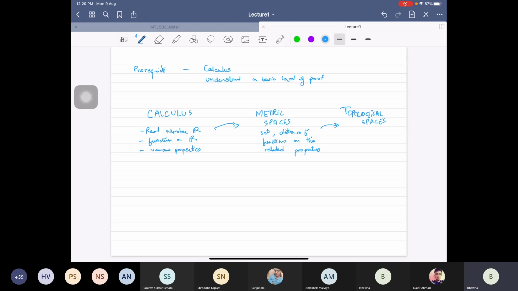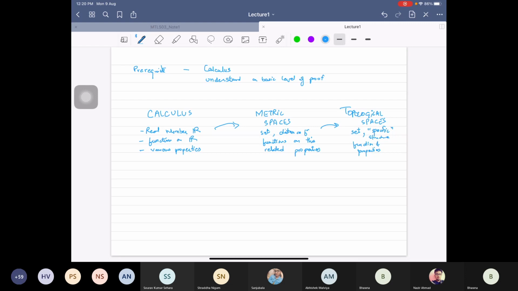Here we also have a set with some specific structure, which I won't say now because it will be later in the course. Again we will have functions there, and properties of these functions and these sets.